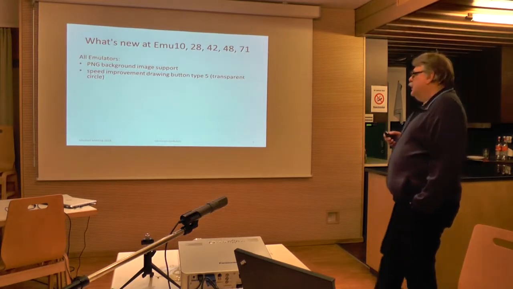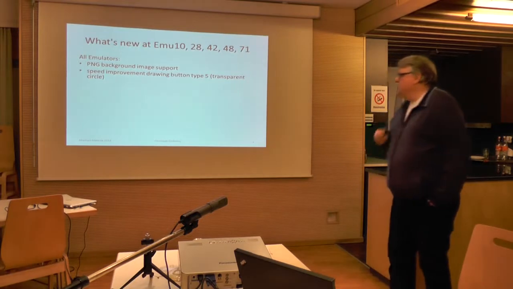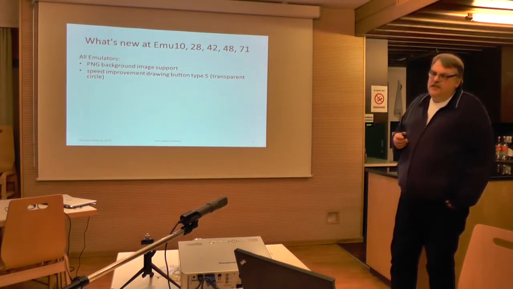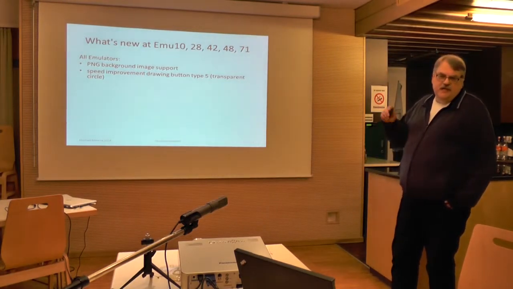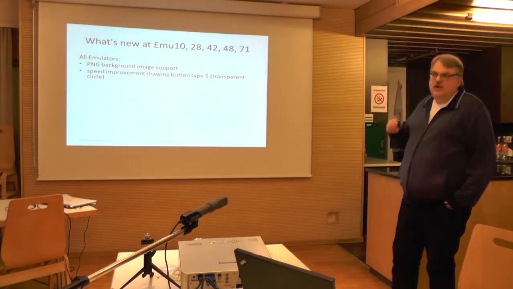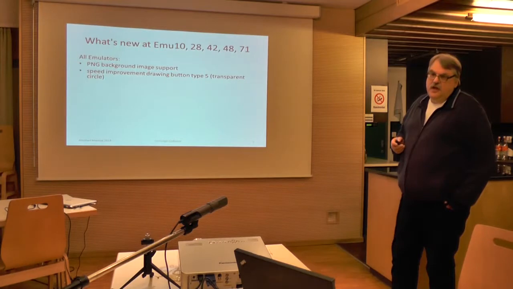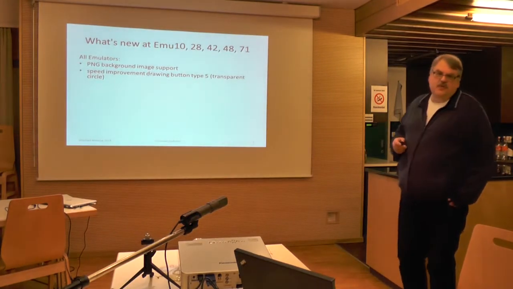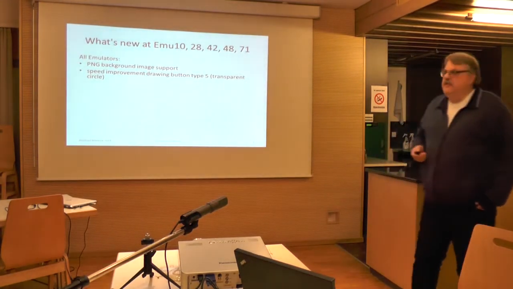I recognized this in drawing board 5. This is transparent cycle on some PCs with Windows 10 graphic cards and so on. It was quite slow, so I changed the design, so it's much faster on these PCs. On the other PCs, which have no problems, there is no real speed difference.